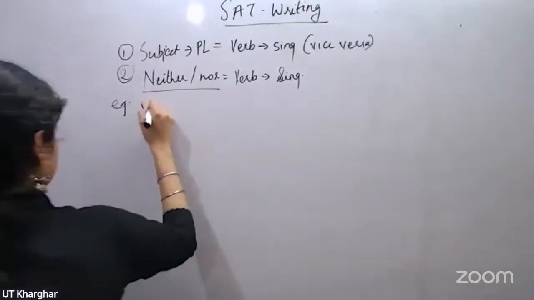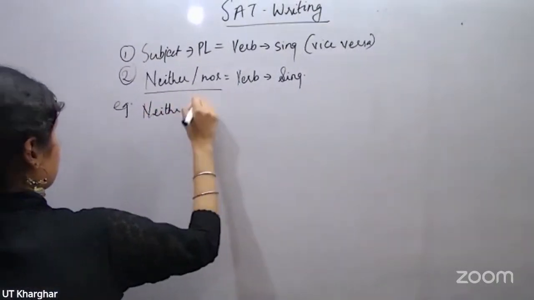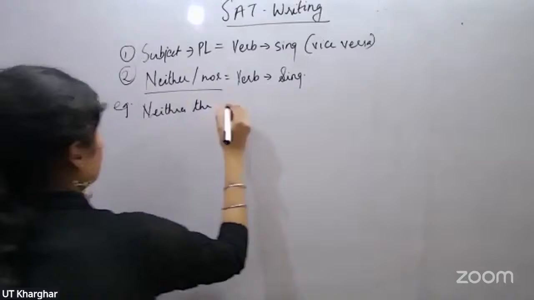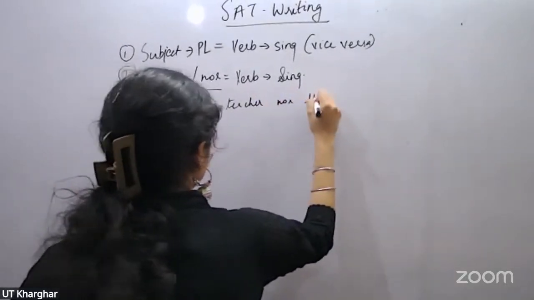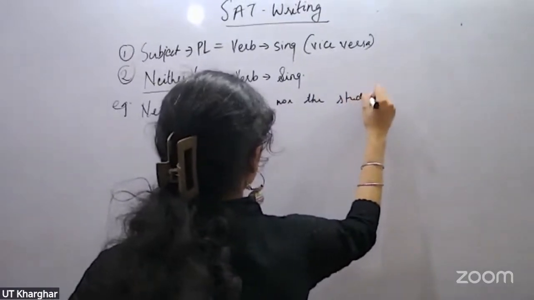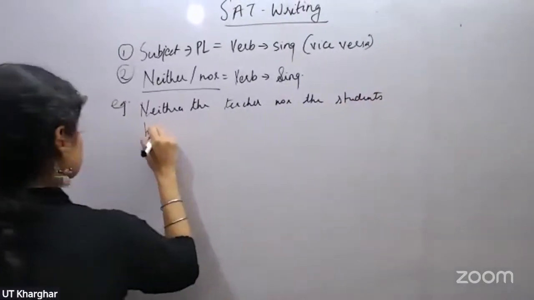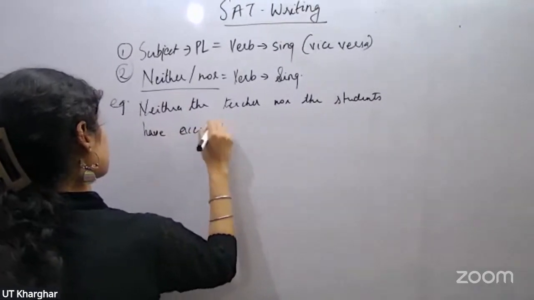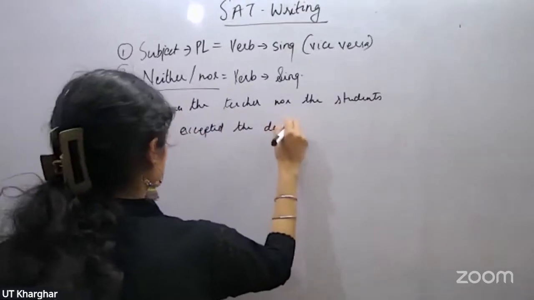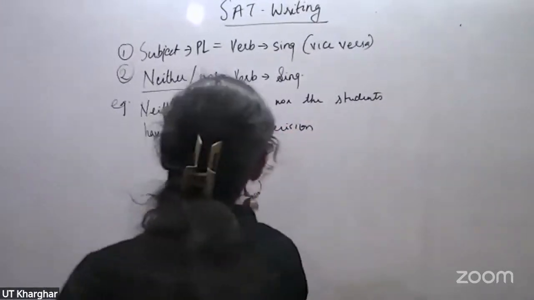Okay. Neither the teacher nor the students have accepted the decision. Okay. What is the verb over here?